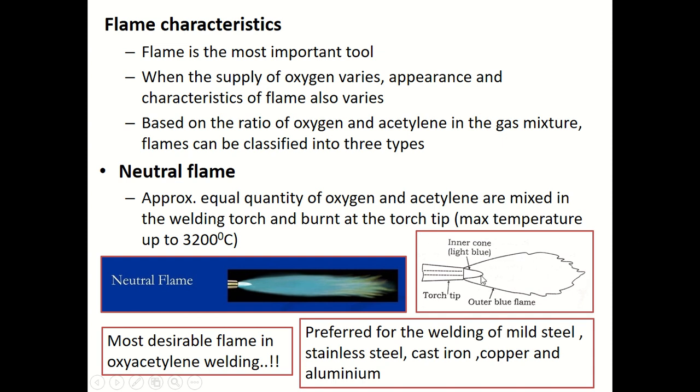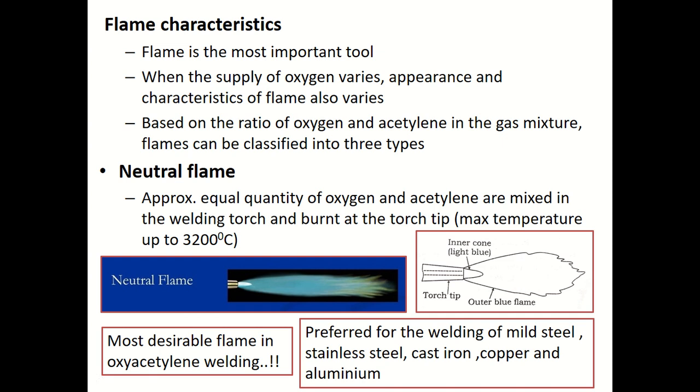You can see the neutral flame, which has a small light blue inner cone near the torch tip, and an outer envelope, which is dark blue in color, surrounding the inner cone. There is an inner cone and an outer cone, the inner cone being light blue and the outer cone being dark blue.